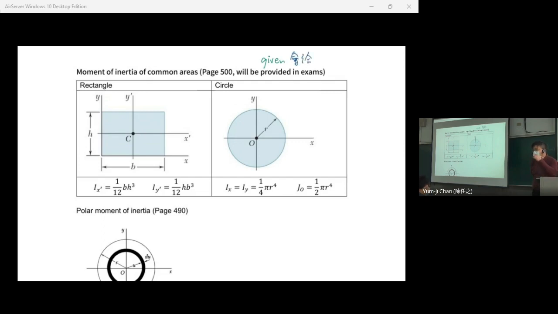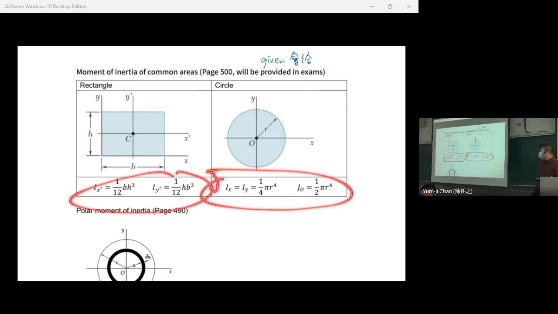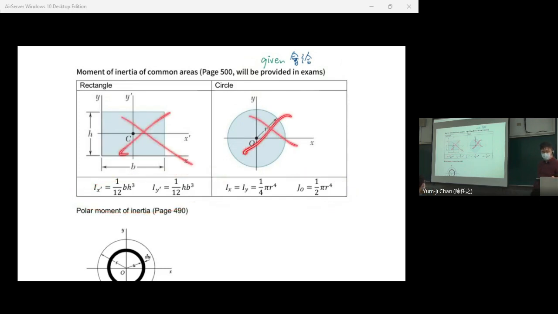In next year's mechanics of materials course you will need to memorize them, but this year I will give them to you in the examination. I only give you these four equations if you need them, but I will not give you the figures.